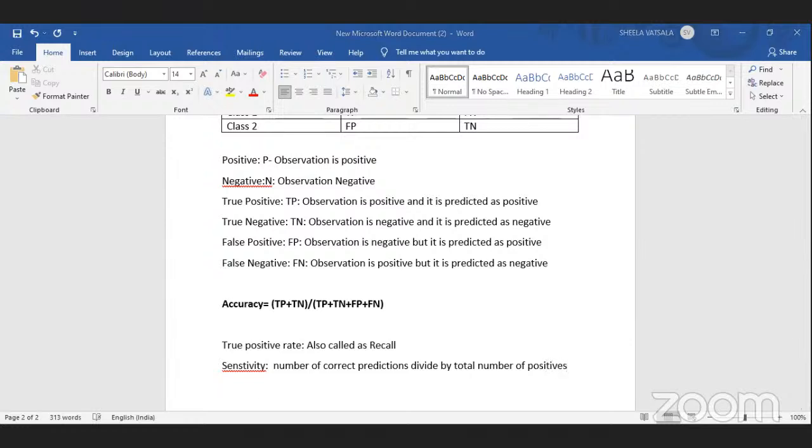Ideally, for sensitivity the best value is 1 and the worst value is 0.